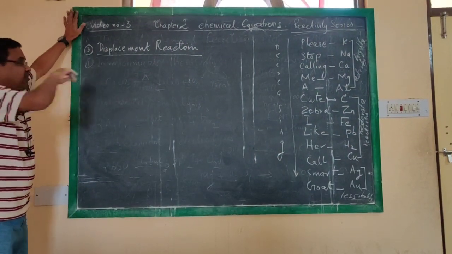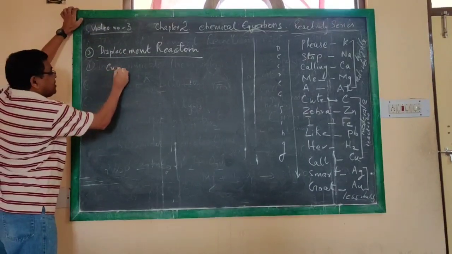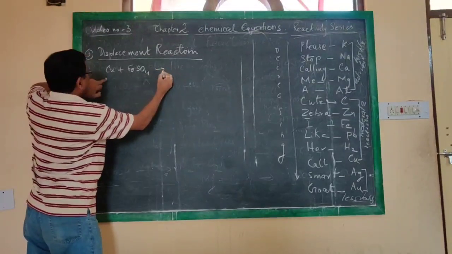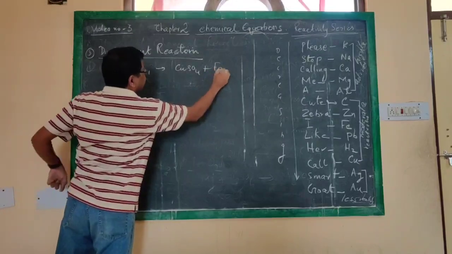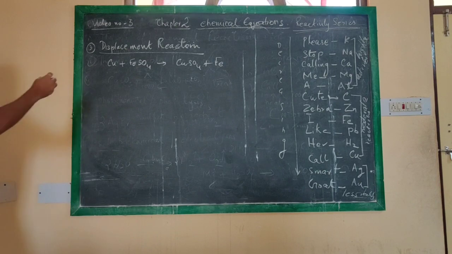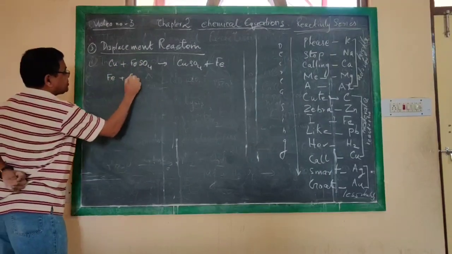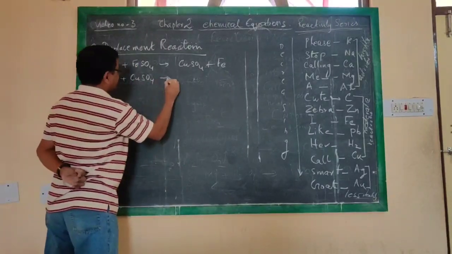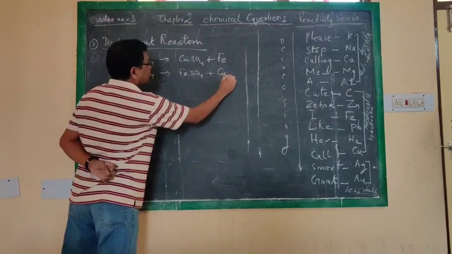For example, before I start the displacement reaction, I am giving you a small reaction. Copper plus ferrous sulfate will give you copper sulfate plus ferrous. This is one reaction. Another one, I am changing here and there: Fe plus CuSO4, that means ferrous plus copper sulfate gives you ferrous sulfate plus copper.